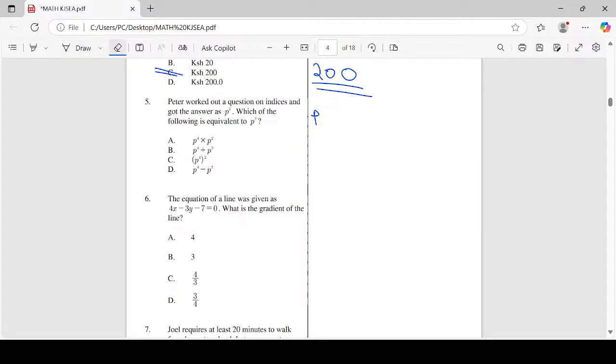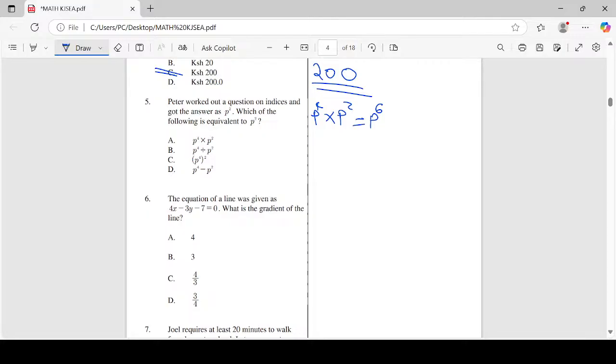When you have p power 4, you multiply this by p squared, the multiplication law. Then we are going to add the powers 4 plus 2 to make it 6, which is not what we were given. Then we have the division law.